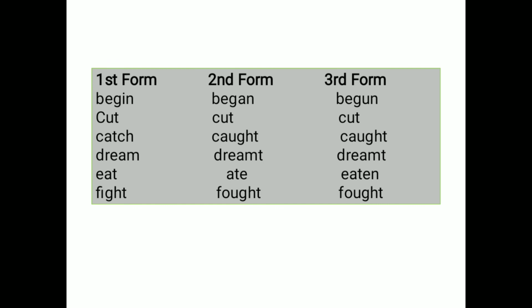Without the correct usage of these verb forms and tenses, our communication will not be perfect and comprehensive. If anybody wants to understand what we are actually saying, those things should be very correct, especially the tenses and the verb forms.